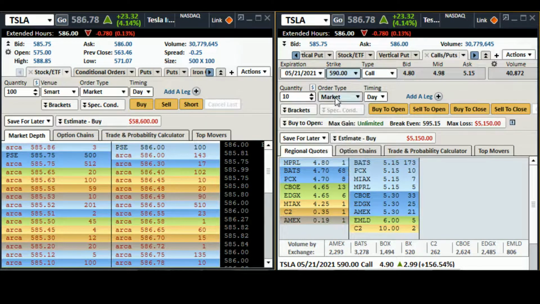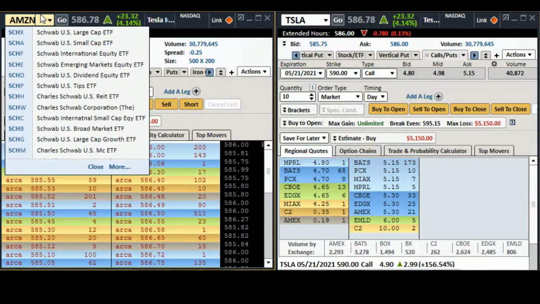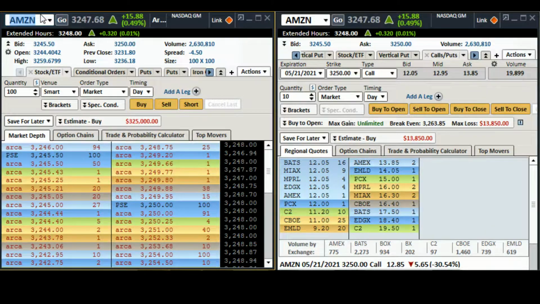It's a setting that I actually have. So no matter what symbol I type in, it'll always go there. Even if I type in Amazon, you'll see Amazon automatically goes to the $3,250 strike because of where the stock is trading. It's the first one out of the money.